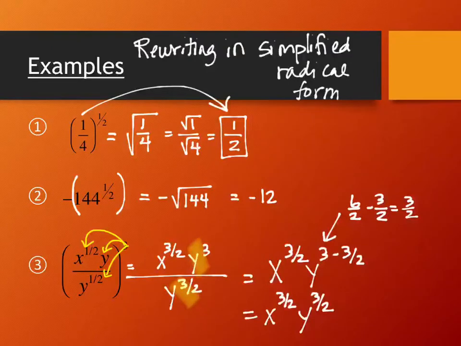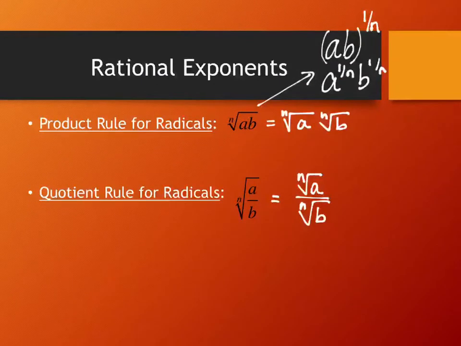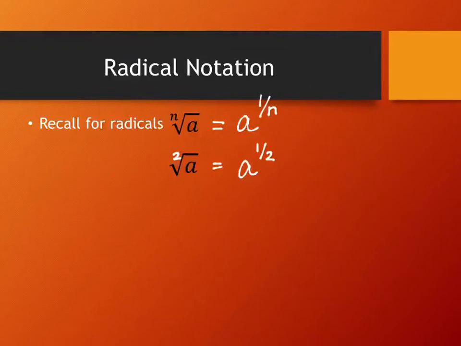Now if I were given the directions where I was allowed to leave them in rational exponent form, I'd be done. But I'm going to be changing them into radicals. And I chose this one on purpose because I want to show you something interesting that happens with this particular radical. This particular radical doesn't just have the index in. It also has an exponent on the variable that's inside. And that's something we haven't yet seen.